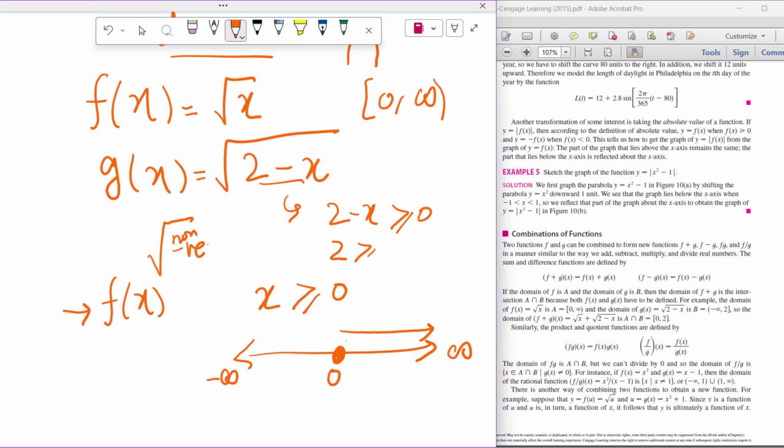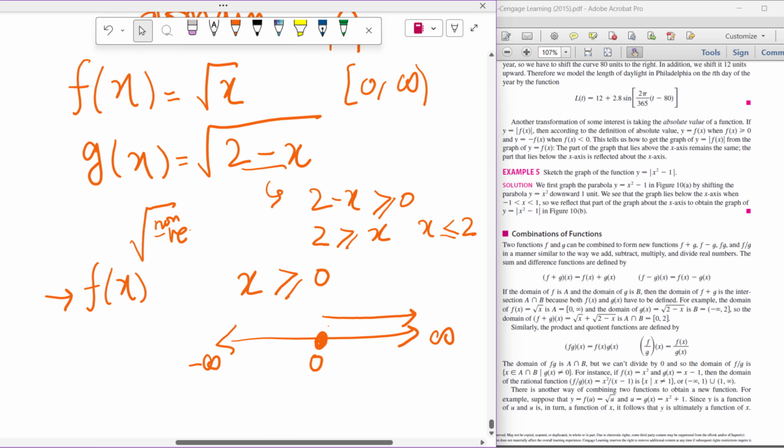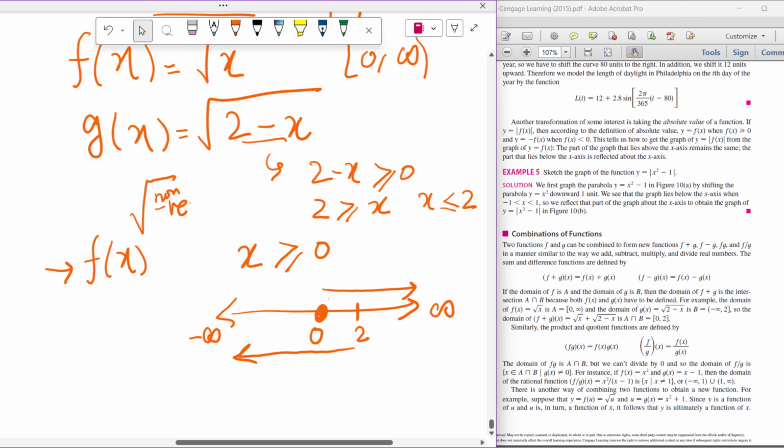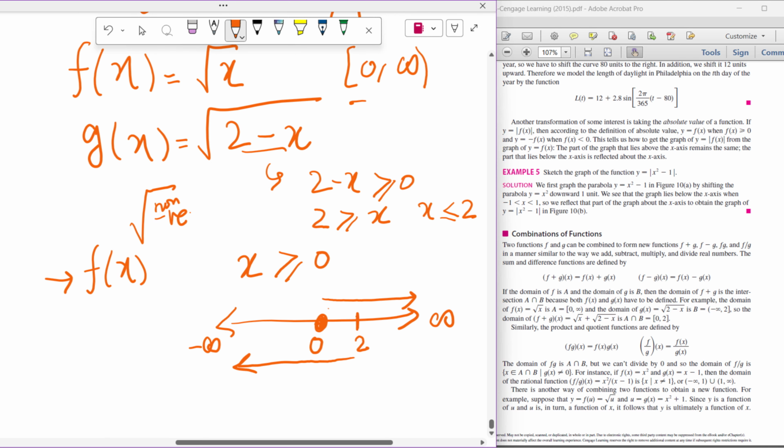So 2 should be greater than or equal to x, so x should be less than or equal to 2. Here is the 2. So if x is less than or equal to 2, the domain will be in this region. For this function, I can write the domain as minus infinity to 2, and 2 is included, so it will be a square bracket.